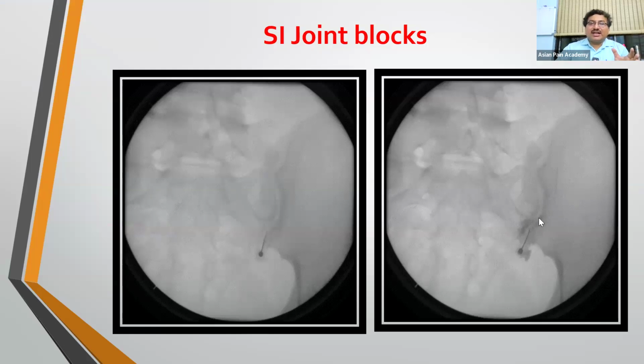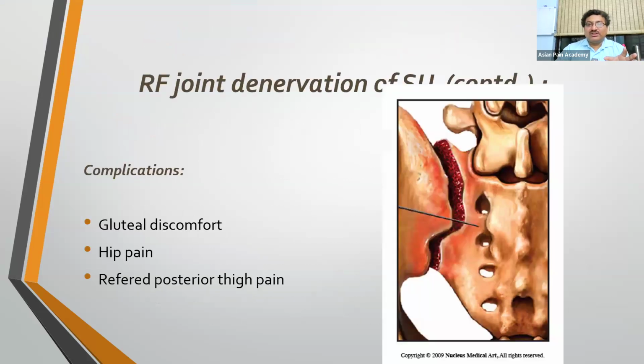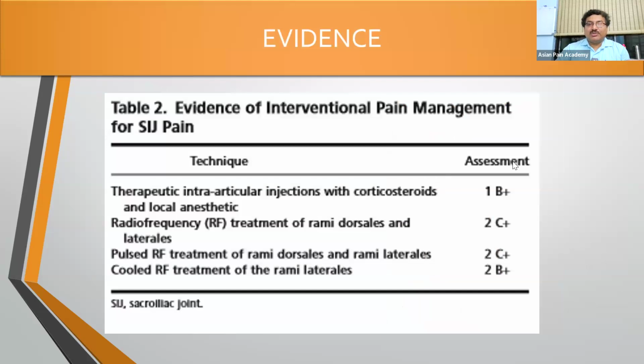Radiofrequency and cryo you might not be doing at the beginning, so I'm not going into the details. Ultimately, those patients who are not responding to the corticosteroids, you can go for these procedures. Okay? And the complications might be gluteal discomfort, hip pain, and posterior thigh pain.